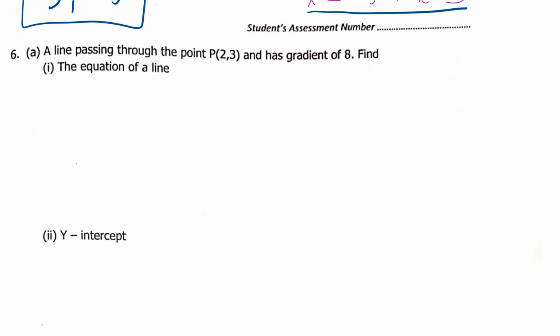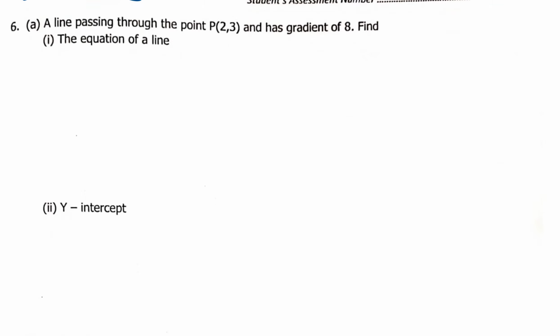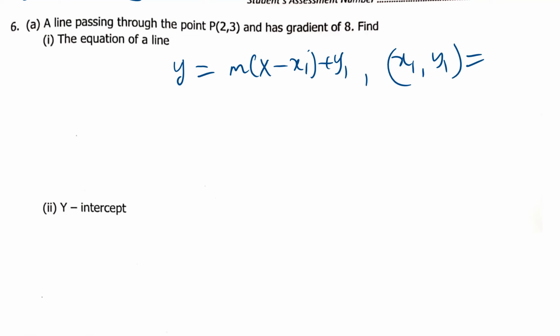We go to question number 6a. A line passing through the point (2, 3) has a gradient of 8. Find the equation of the line. So remember the equation of the line is given by y equals m(x minus x1) plus y1, where x1, y1 are any point, and for our case it is (2, 3).